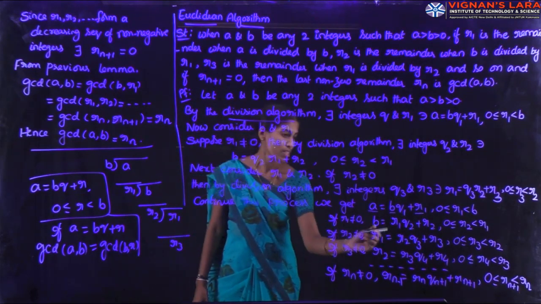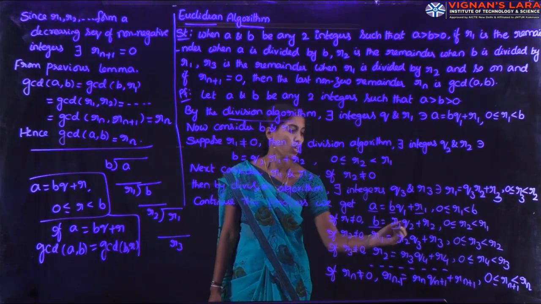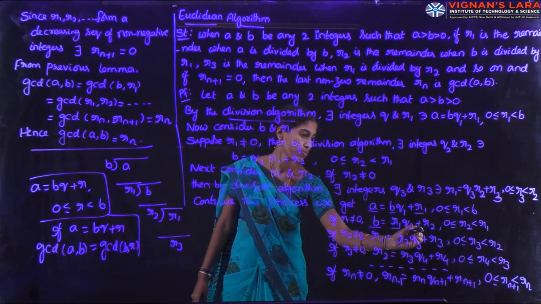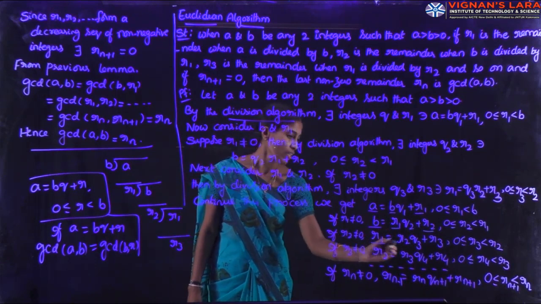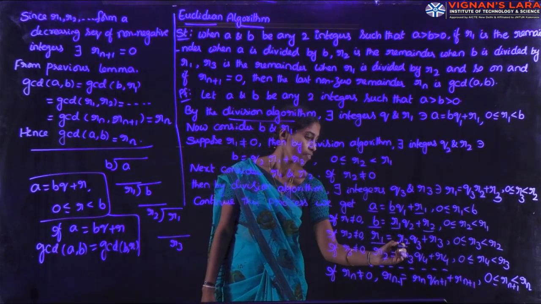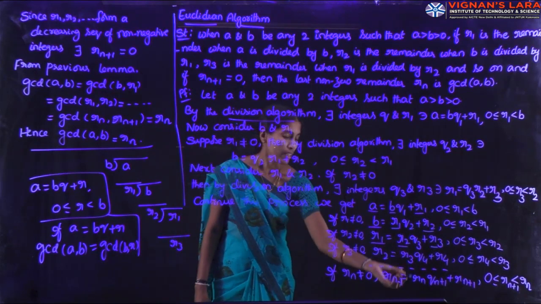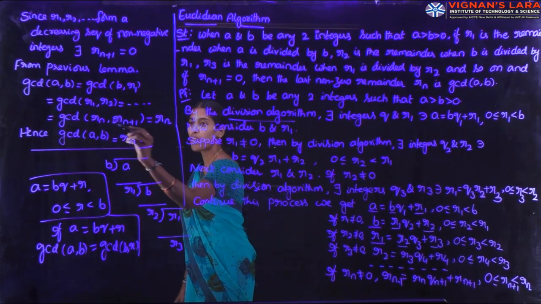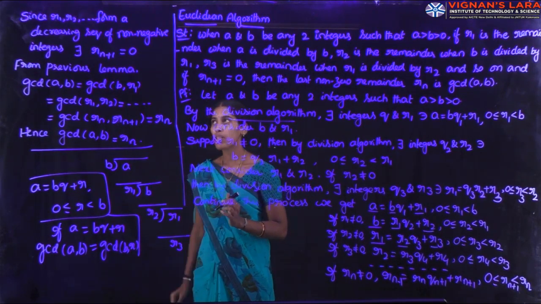From the second statement, GCD of B comma R1 is equal to GCD of R1 comma R2. From the third equation, GCD of R1, R2 equals GCD of R2 and R3. By continuing like this, we get, and so on, GCD of Rn comma Rn plus 1. What is Rn plus 1?